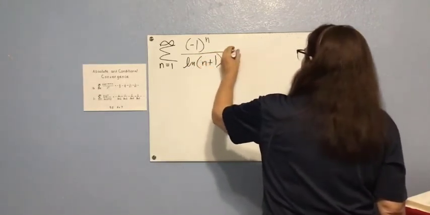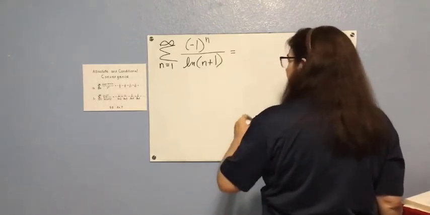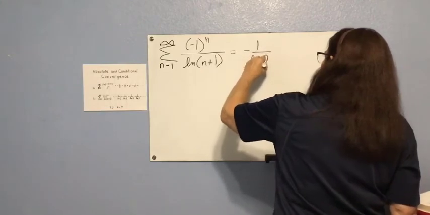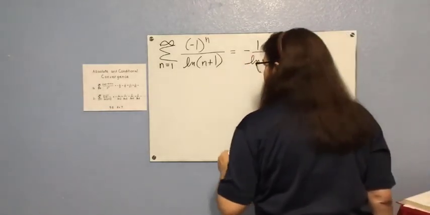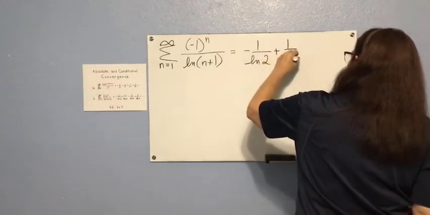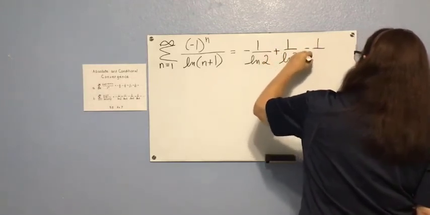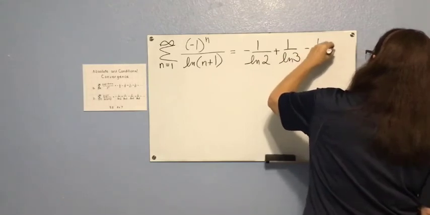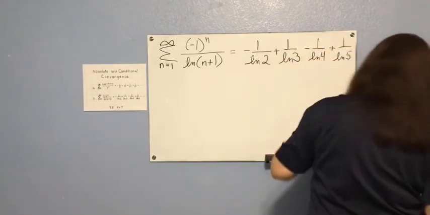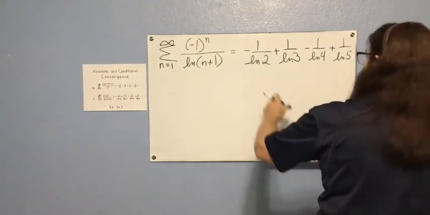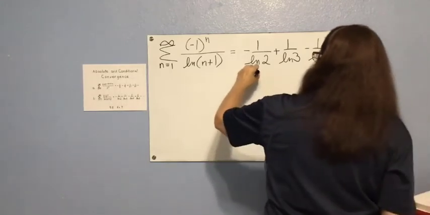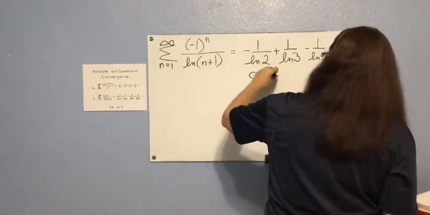Okay, and the first few terms here are going to be negative 1 over natural log of 2 plus 1 over natural log of 3 minus 1 over natural log of 4 plus 1 over natural log of 5. Okay, and if we use the alternating series test on this, we find that this converges.